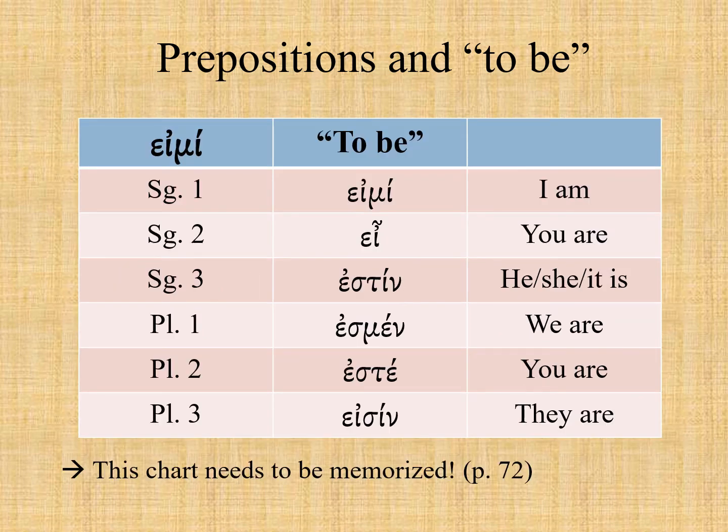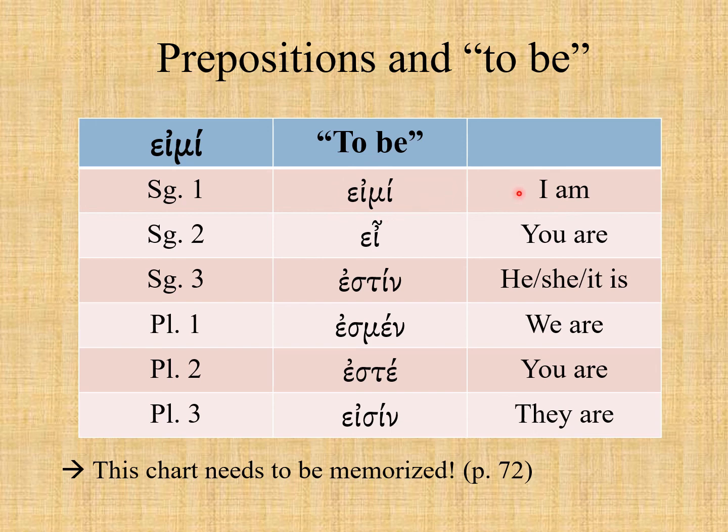Finally, here you can see the chart for the verb to be. Now, what I said about the verb luo with the stem and the personal endings is going to be a little bit different when we talk about the verb to be. The verb to be in English is irregular, and the same is the case in Greek. If you look at the singular one, which basically means singular first person, or I, the verb to be is eimi.